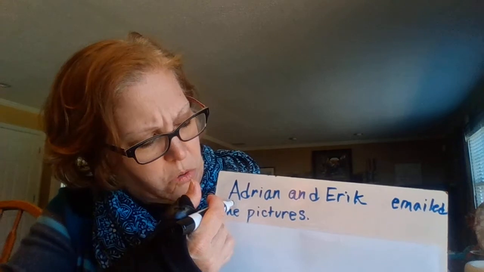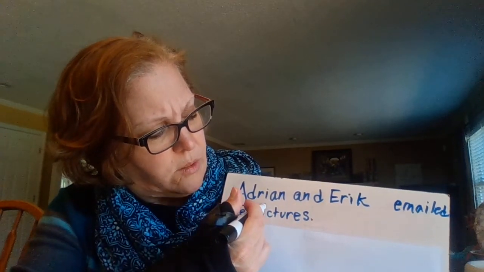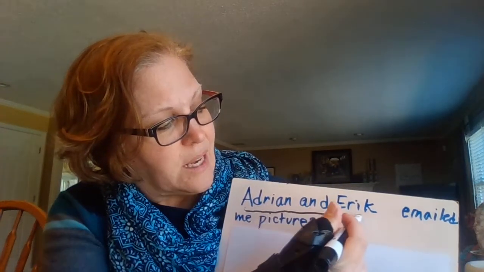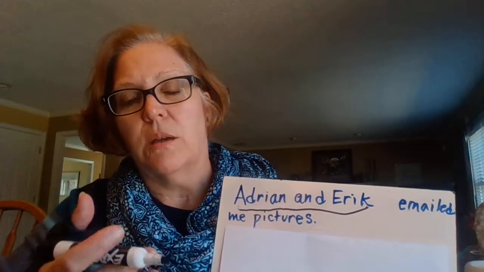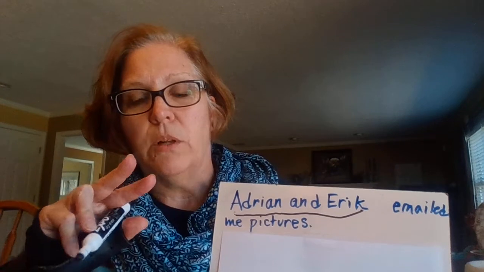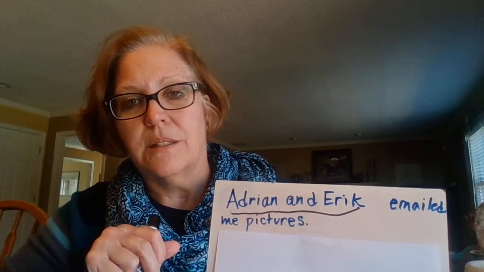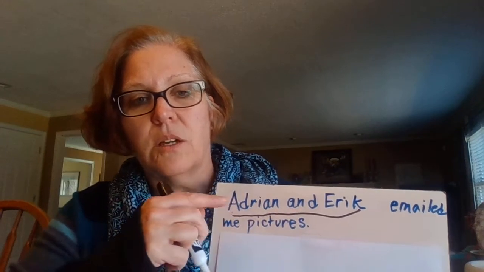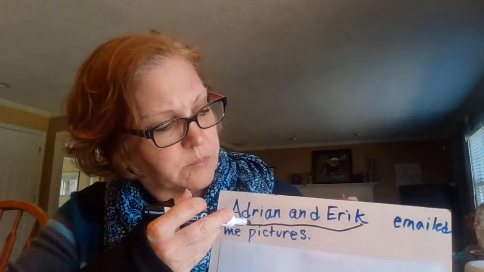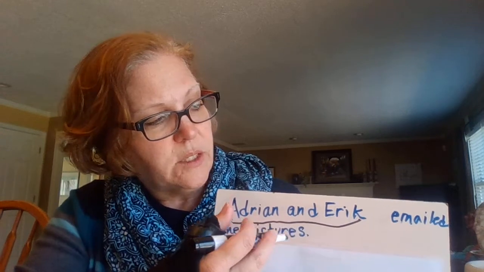We can figure out that it's Adrian and Eric. So we have a compound subject because we have two people in our sentence that are doing something. So this is our subject, and I've underlined it.